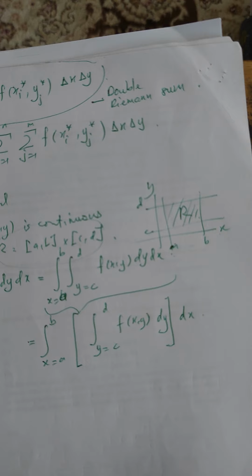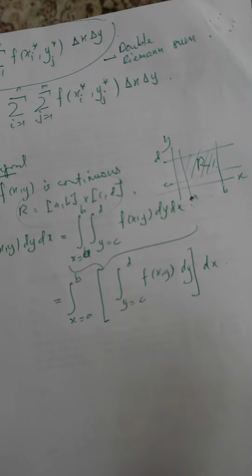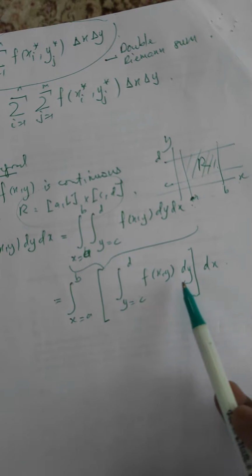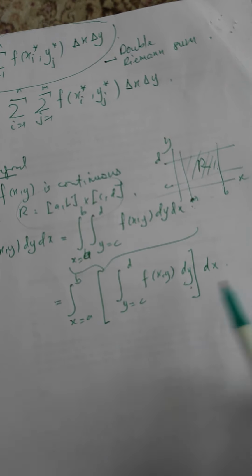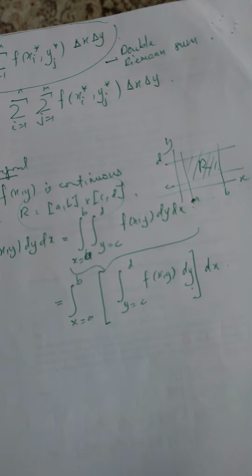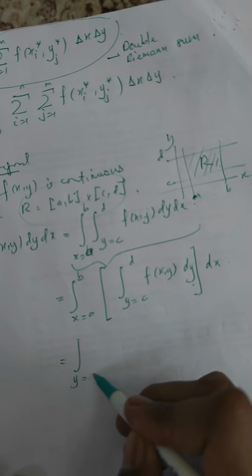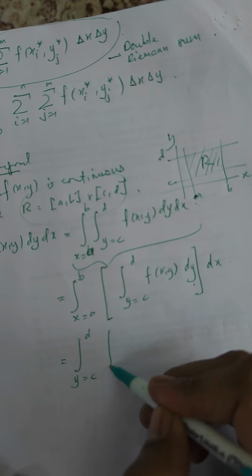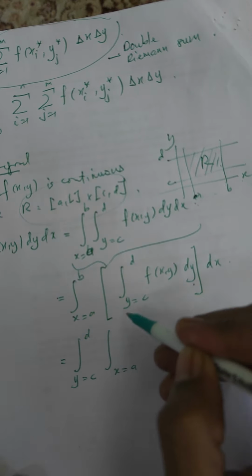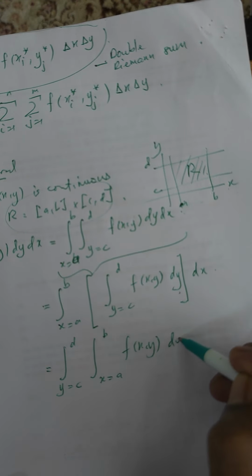Of course, for a continuous function, you can evaluate this either with y first or x first. In this case, we consider f a continuous, smooth function. Then this can also be written as y from c to d, x from a to b, f(x, y) dx dy.